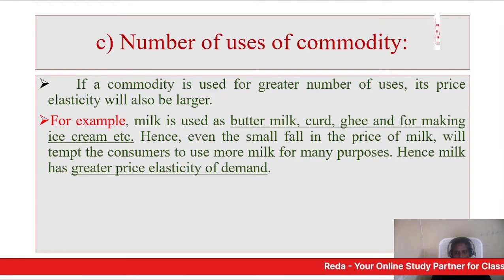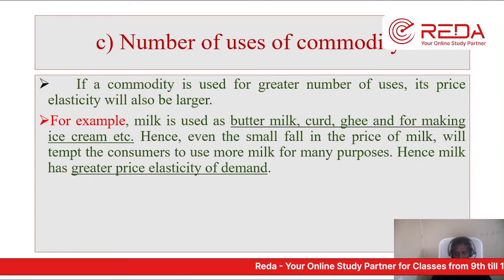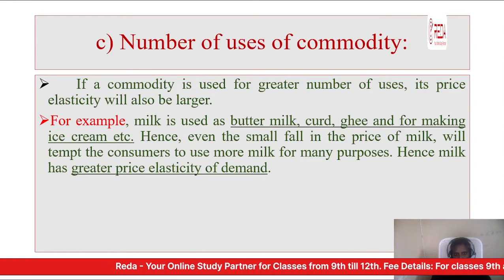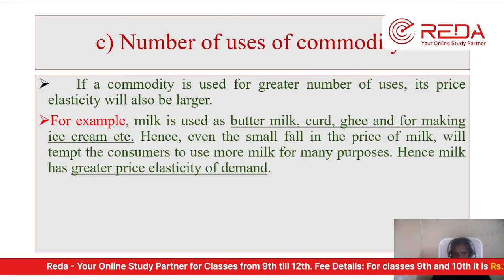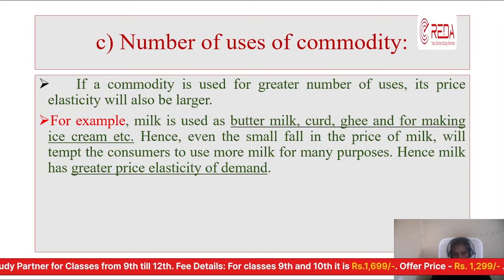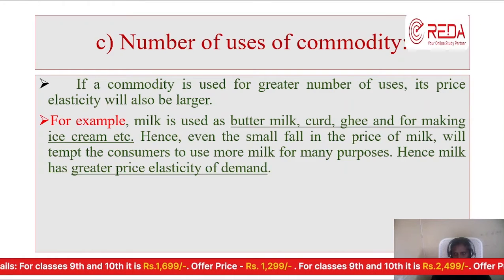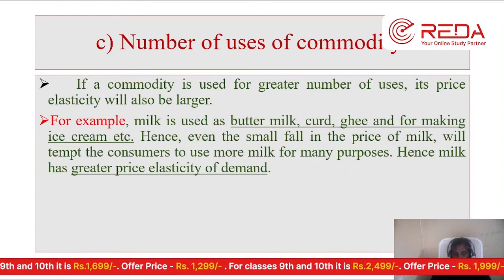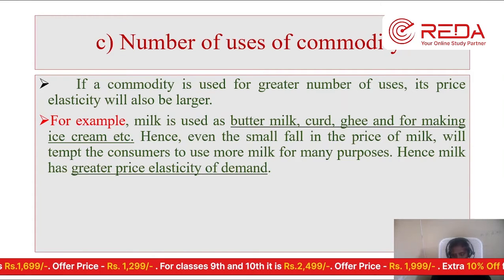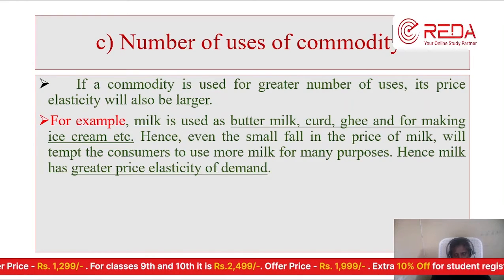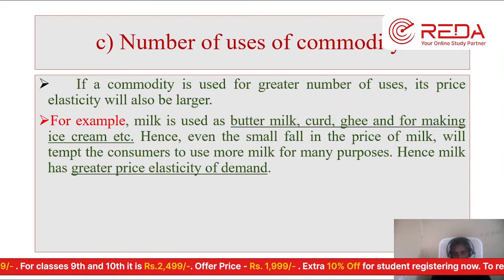So whenever there is a fall in the price of milk, people will be tempted to consume the product for many purposes, like having more buttermilk, curd, ghee, and making other milk products like ice creams. So whenever there is a fall in the price of these commodities, there will be a greater elasticity of demand. The thing is greater or constant or lower, only these things we are studying in every determinant.